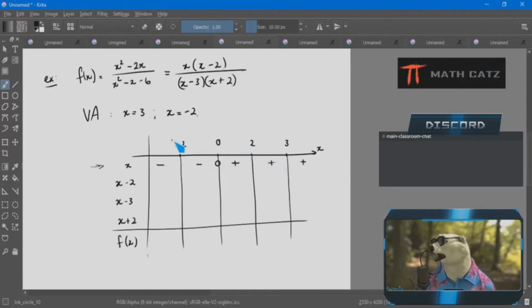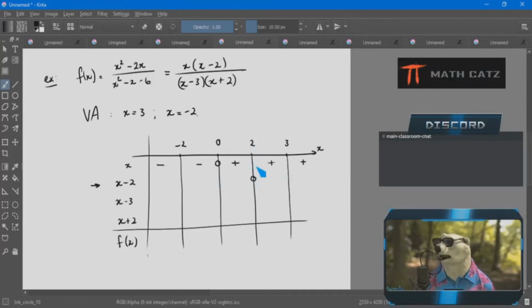So what I've done by marking off these 4 values, I've split my x values into 5 intervals. In each of the intervals, this piece, which is a very simple x, is of course going to be positive or negative, depending on the value. Maybe the next one's a little more interesting. The next one is x minus 2. It's going to be 0 when x is right on this line at 2.